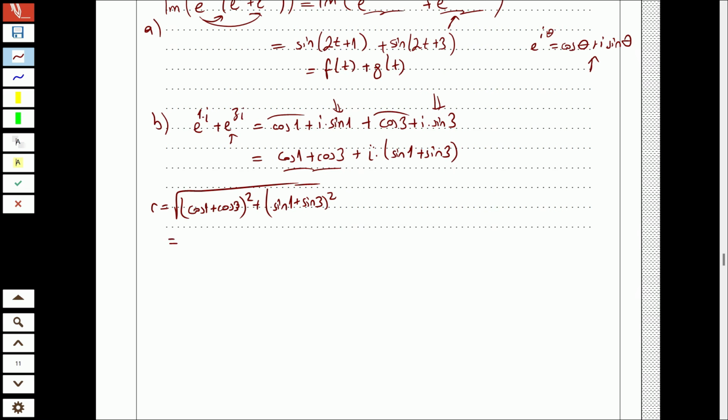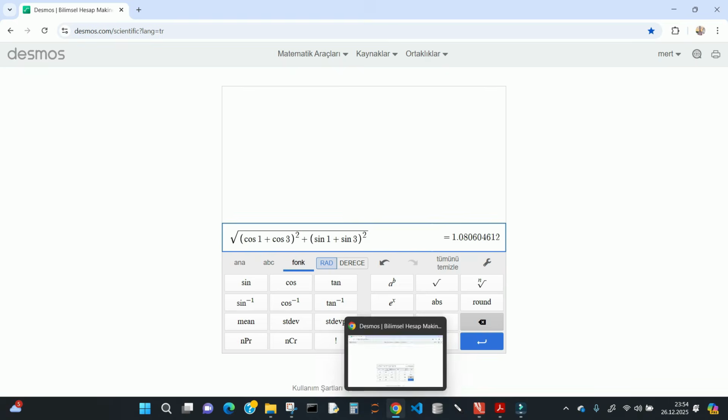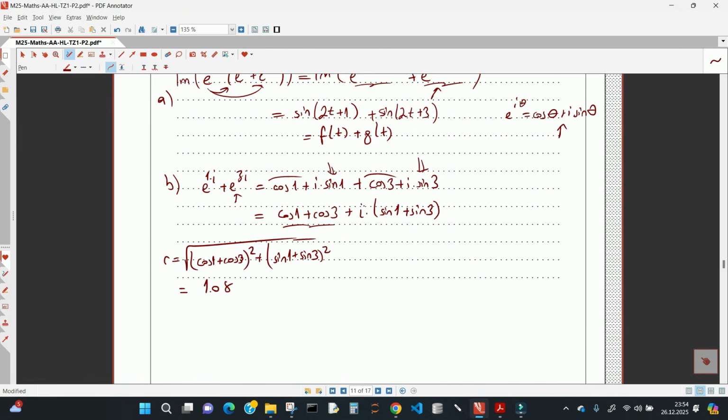We first calculate this: cosine 1 plus cosine 3, squared, plus sine 1 plus sine 3, squared, all inside the square root. So it is going to be 1.8. This is the radius of the complex number.